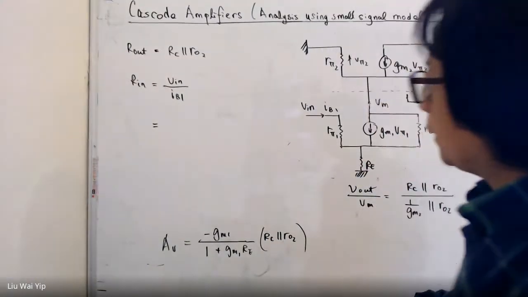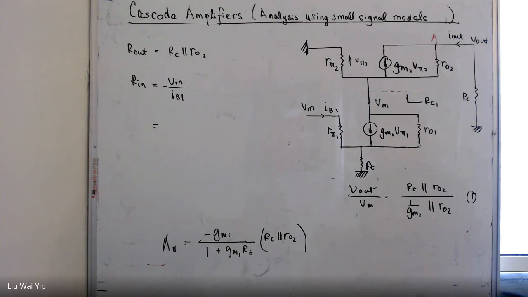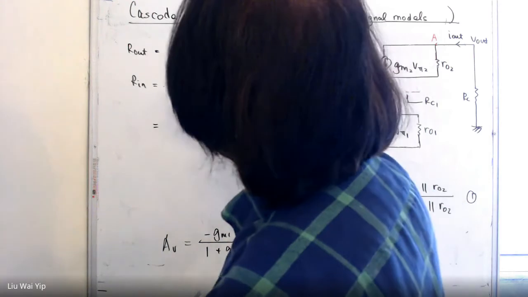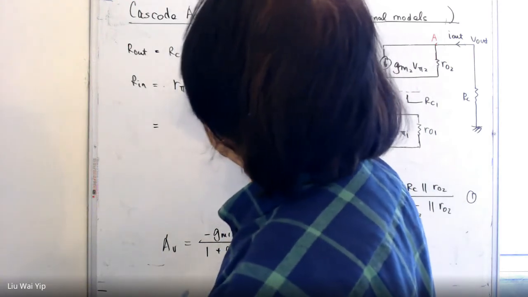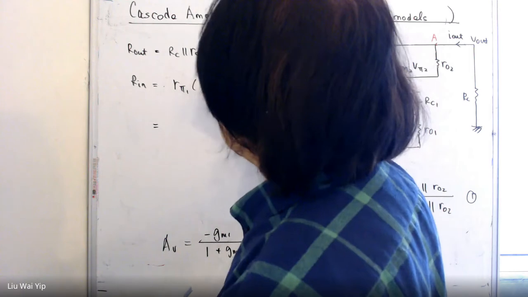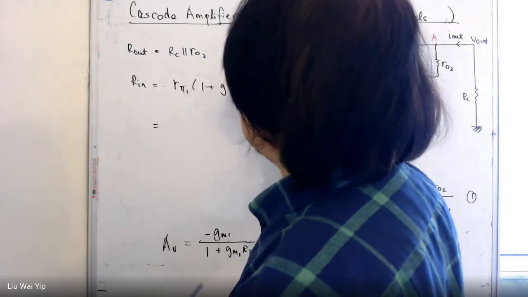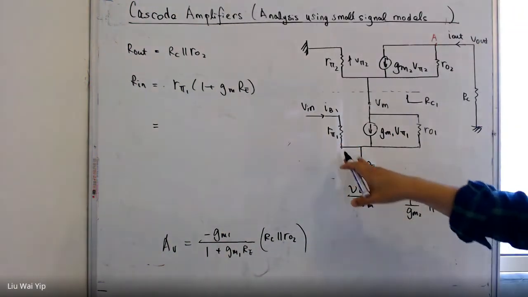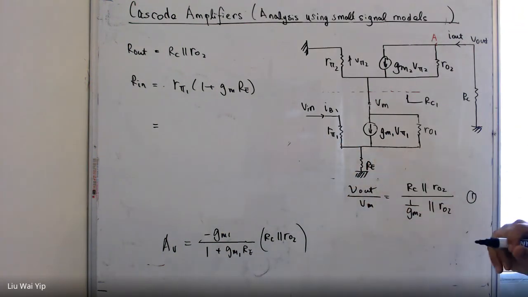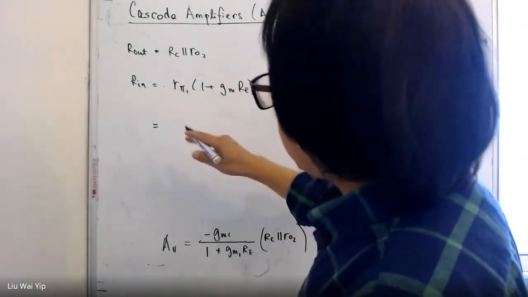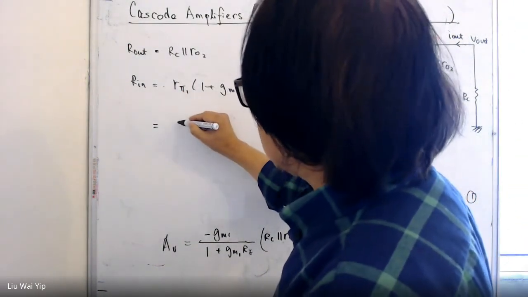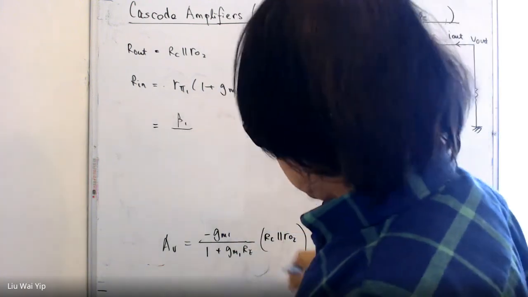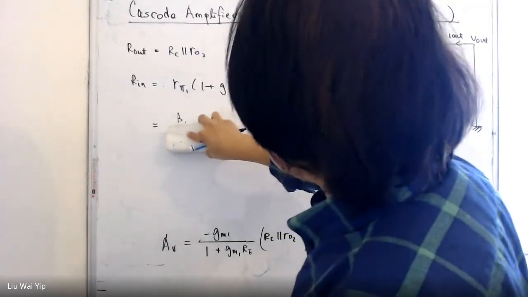Rin, if we remember correctly, is equal to r pi 1 times 1 plus the load resistance term. We have learned this thing before. So now our r pi 1 is actually beta 1 divided by gm1.